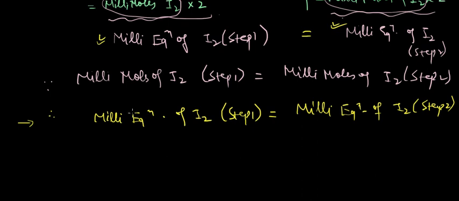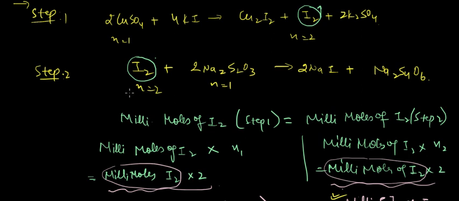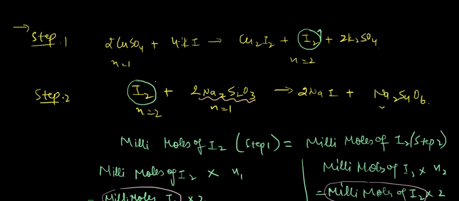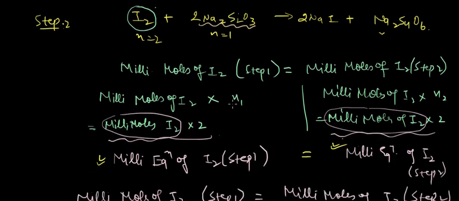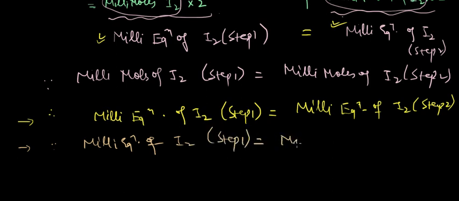And now from step 1 and step 2 we can write that milliequivalents of I2 would be equal to milliequivalents of Na2S2O3, and similarly milliequivalents of I2 produced in step 1 would be equal to milliequivalents of CuSO4.